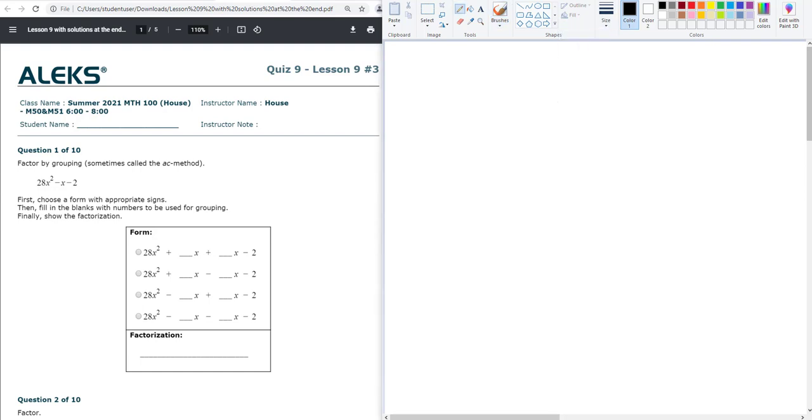Lesson 9, number 1. Factor by grouping, sometimes called the AC method. This is the method that I showed in part 1 of the lesson 9 video. 28x squared minus x minus 2.